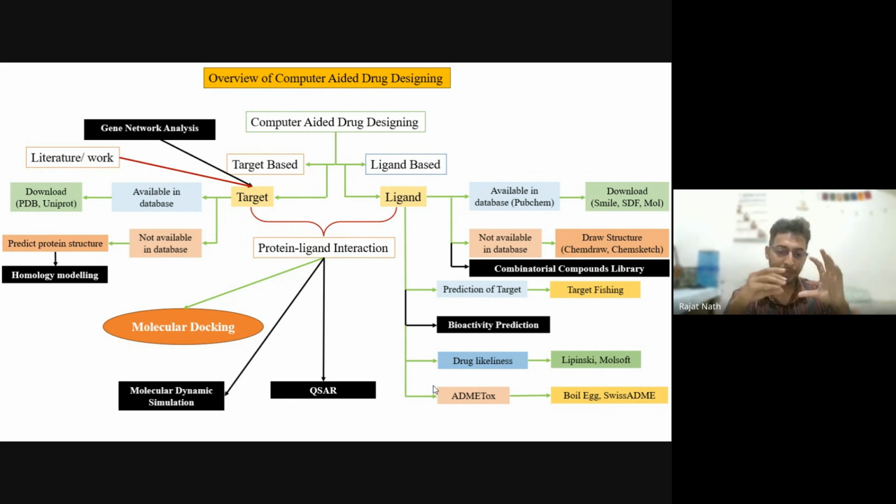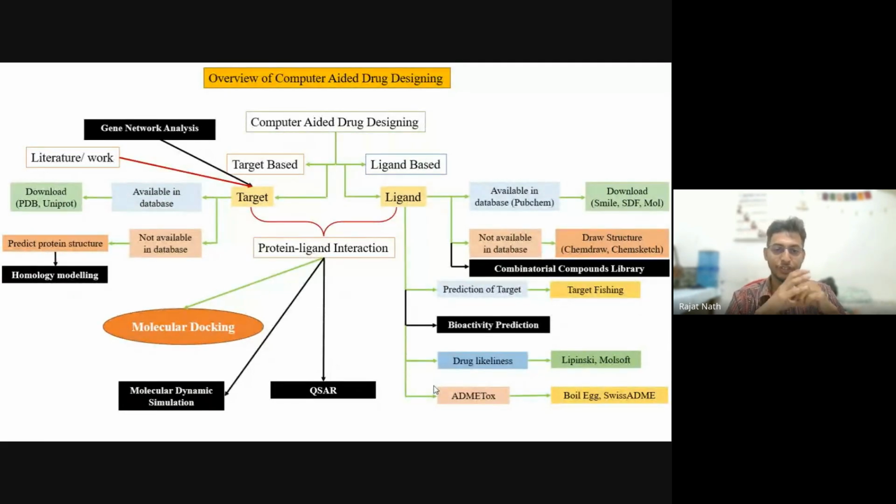So like that, we give some descriptors, molecular descriptors, to the software, so that if the descriptor is like that, the bioactivity will be like that. It is known as the training data set. So we provide the training data set to the software and we provide the characteristics or descriptors of our ligand, and the software will compare against all the training data set and give us the predicted bioactivity result.